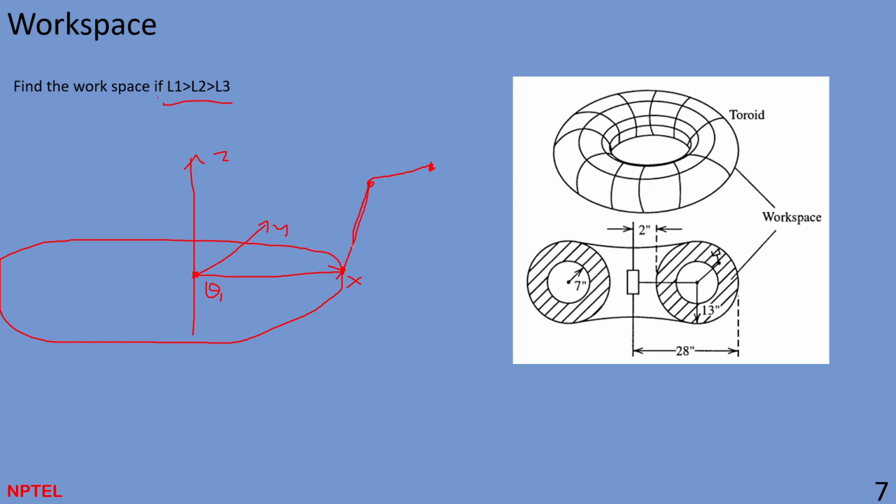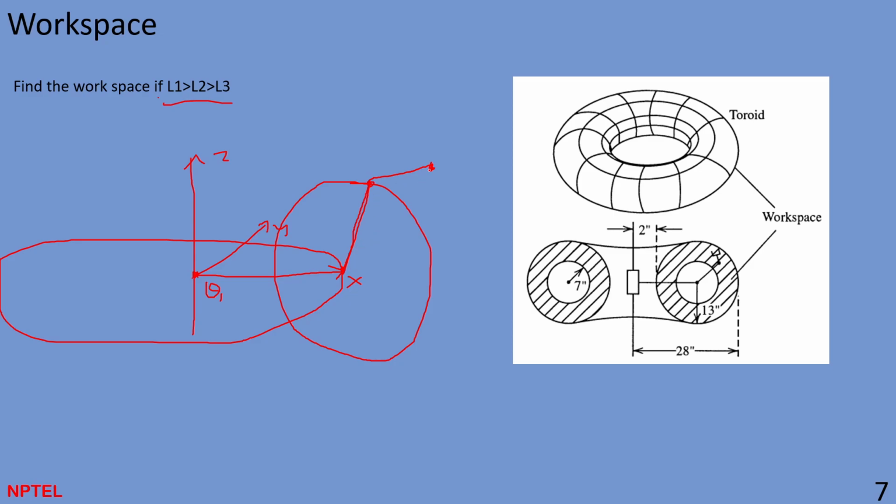And if this is also a planar thing, it will cover something like this also, but the circle it covers is in the z and x plane, whereas the previous one covers in the y and x plane.